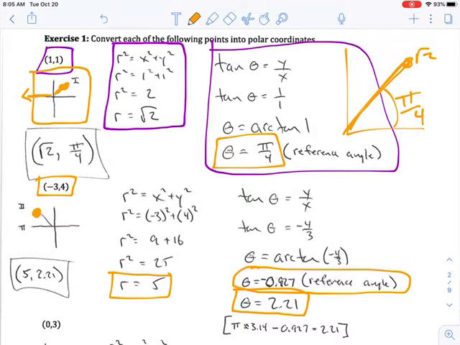Pi is equal to 3.14. So if we're over here, we are at 3.14 radians. Well, this is 2.21 radians, and so that is going to be somewhere in this quadrant.